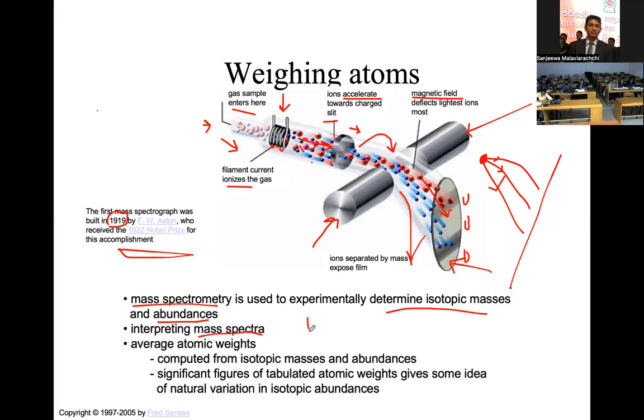As I said, you can get a graphical form of these curves or peaks. Then we can interpret them, and also find out the average atomic weights of these atoms. Finally this gives you an idea about the natural variation of isotopic abundances in the sample, which might be an unknown sample.